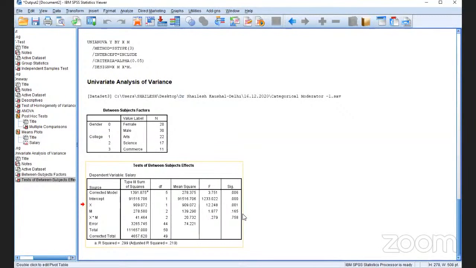So when we use moderation, there are two possibilities: either the moderation effect will be significant or not significant. Now I'm stopping sharing this.